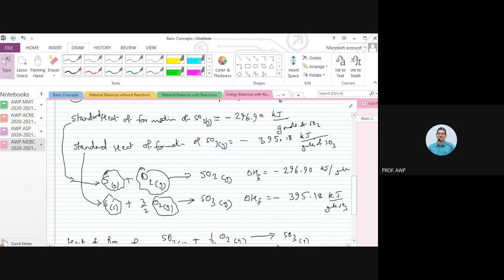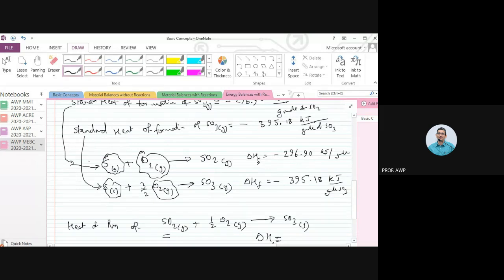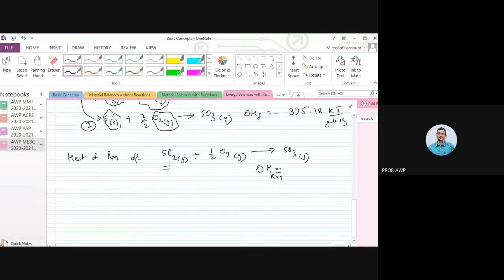This reaction I can write in terms of two reactions, reaction 1 and reaction 2. If I write reaction 2 minus reaction 1, I will get this reaction.